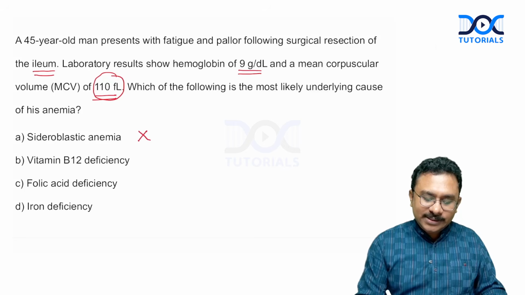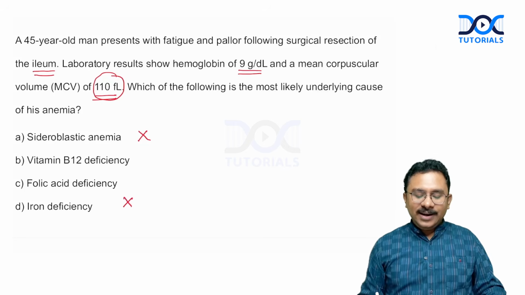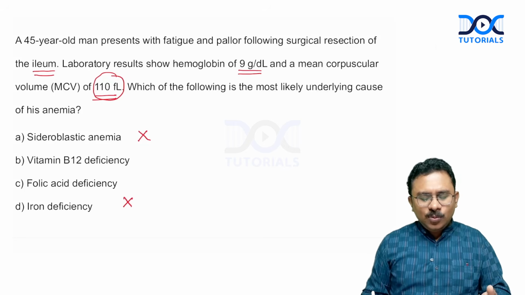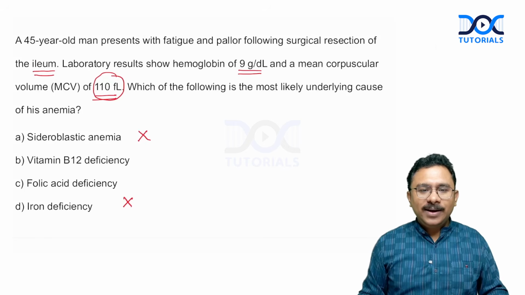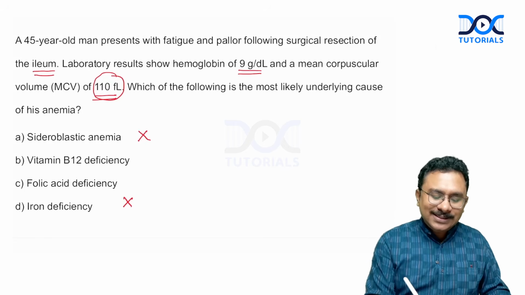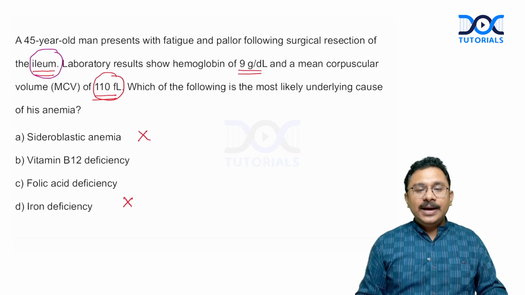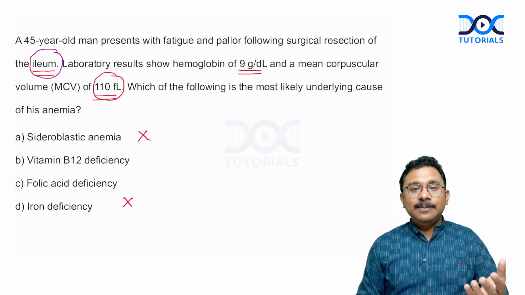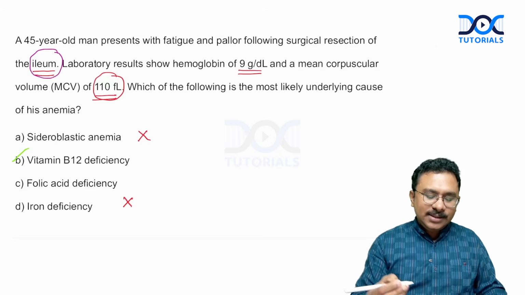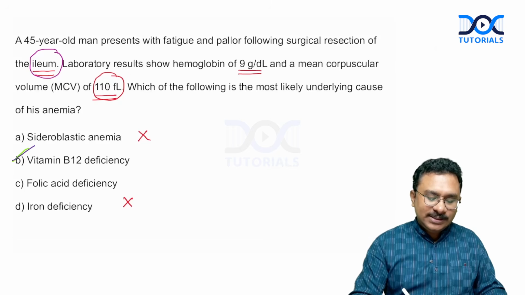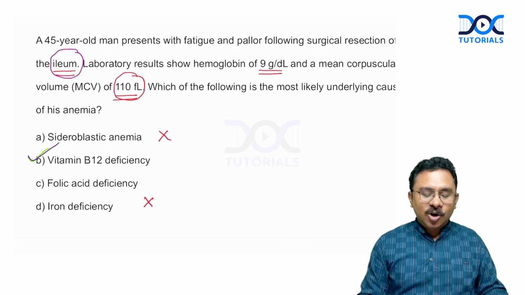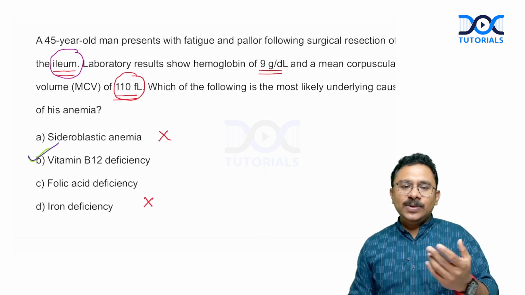Please eliminate sideroblastic anemia and iron deficiency. Vitamin B12 and folic acid deficiency both can cause macrocytosis, but since the question specifically mentions a surgical resection of the ileum, and since vitamin B12 is absorbed in the ileum, the answer is going to be vitamin B12 deficiency. Remember, folate is absorbed in the duodenum as well as the jejunum.